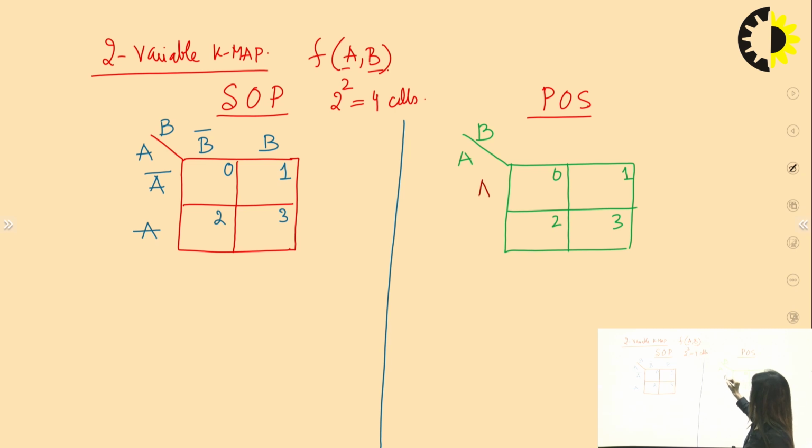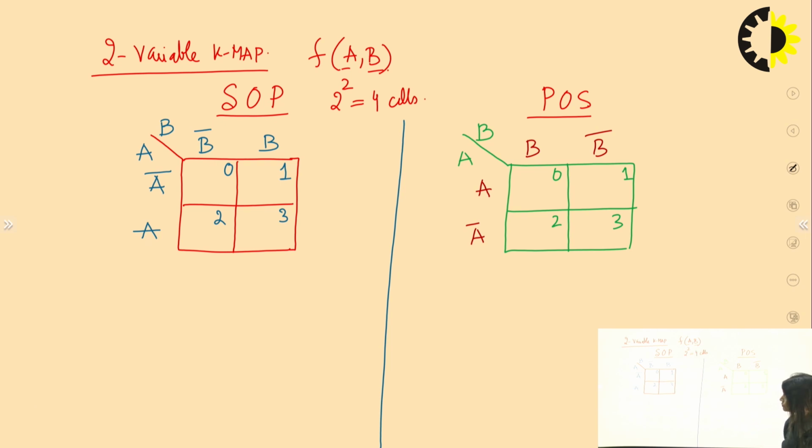This is A, this would be A bar, this is B and this would be B bar. So there is a difference between the SOP K-map and the POS K-map of two variables. Now, this K-map is done for SOP and POS for two variables.